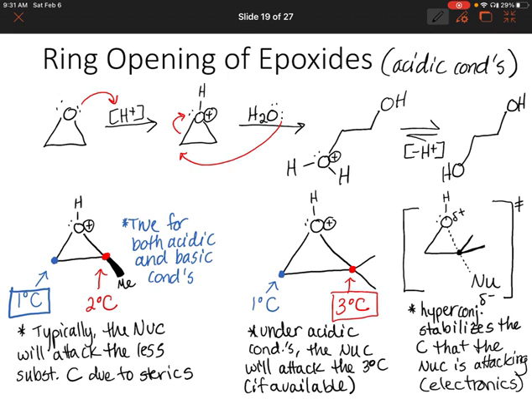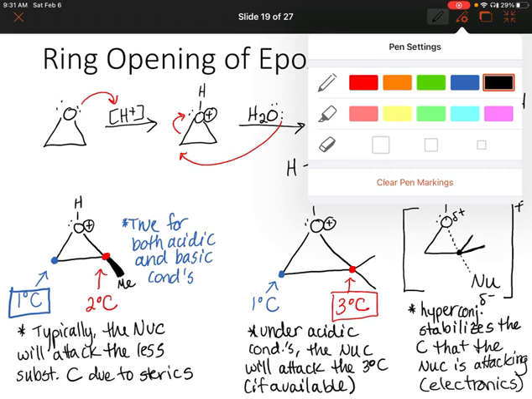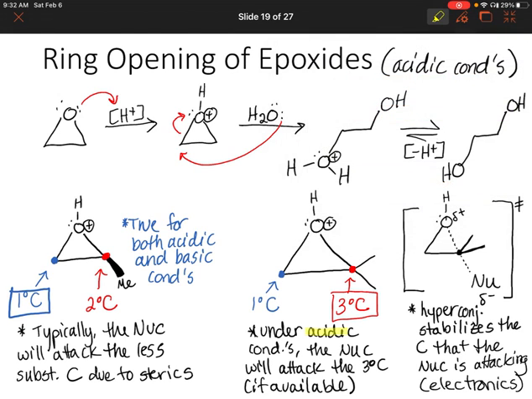But if you have acidic conditions and you have a tertiary carbon, then the nucleophile will attack the tertiary carbon because it's the more stable carbon due to hyperconjugation. So that's really the only part you have to remember: acidic conditions and tertiary carbon. Otherwise, the nucleophile attacks the less substituted carbon.